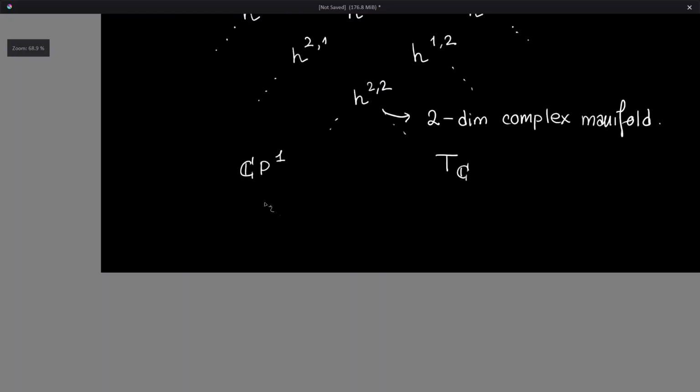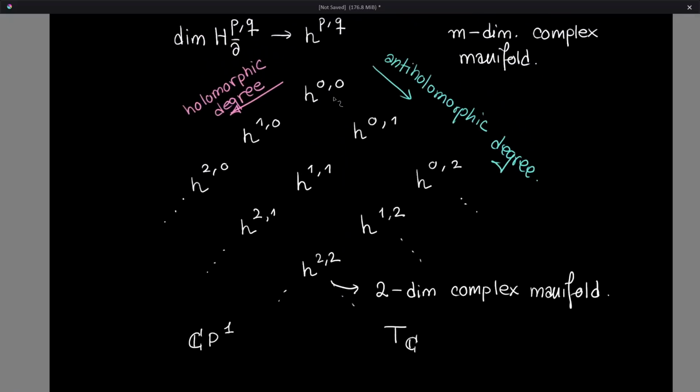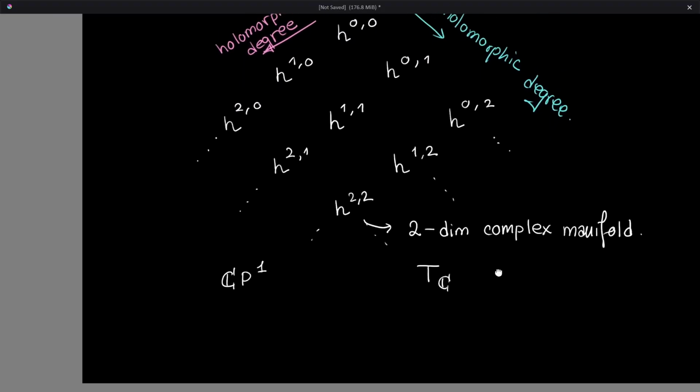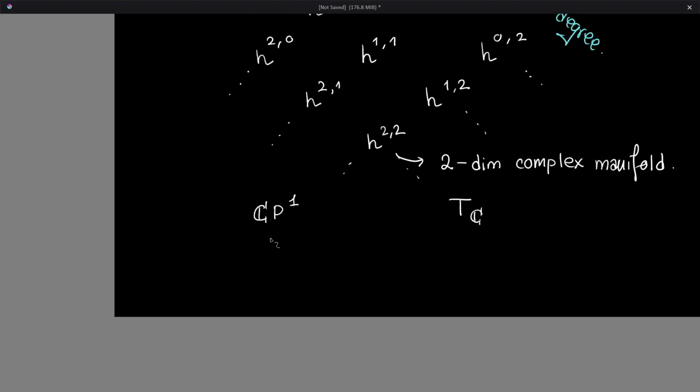If you remember, h^{0,0} would be, so these are the dimensions of the Dolbeault cohomology groups, right? So this would be for CP^1, this would be 1, 0, 0, 1, and for T_C, this would be 1, 1, 1, 1.